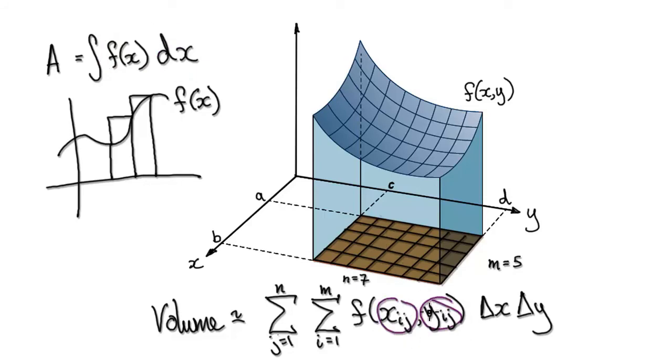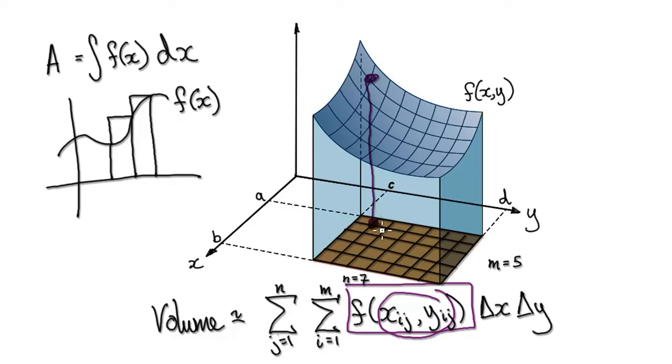When you put this location into the function, it will jump to the surface right here. So remember, this thing here is just the location. The location's right here. Put it into the function, and then this whole thing here will be the height.